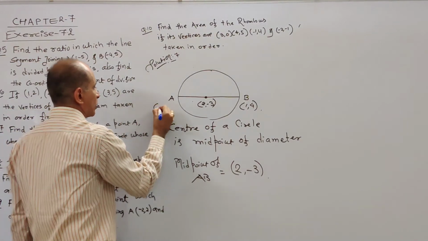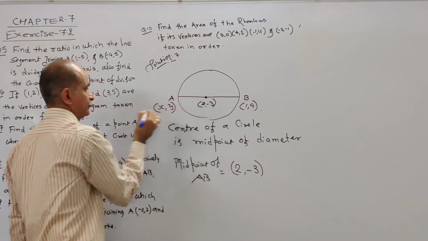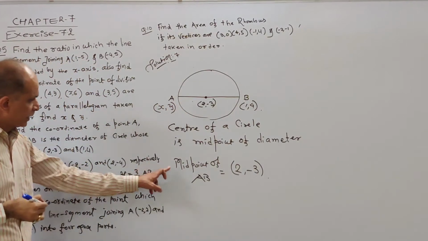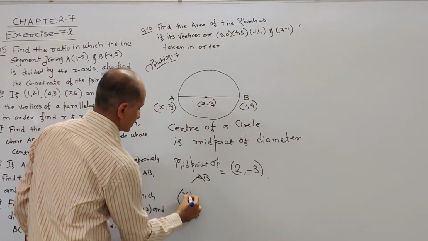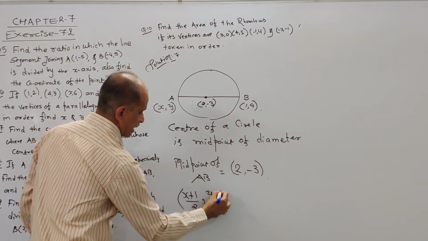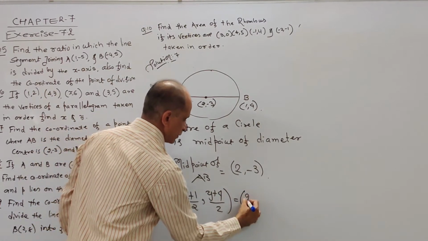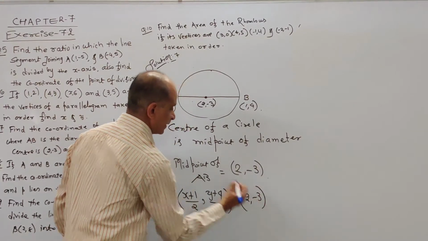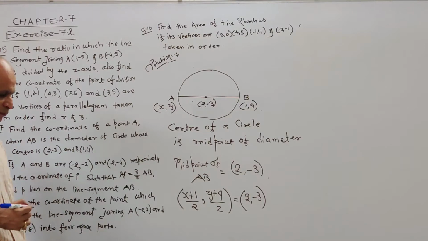Let me assume the coordinate of A is (x, y). So the midpoint of AB means ((x + 1)/2, (y + 4)/2) is equal to (2, -3). Just use the midpoint formula.